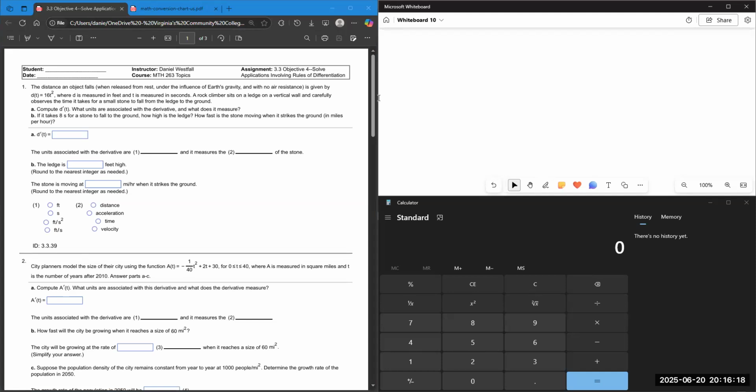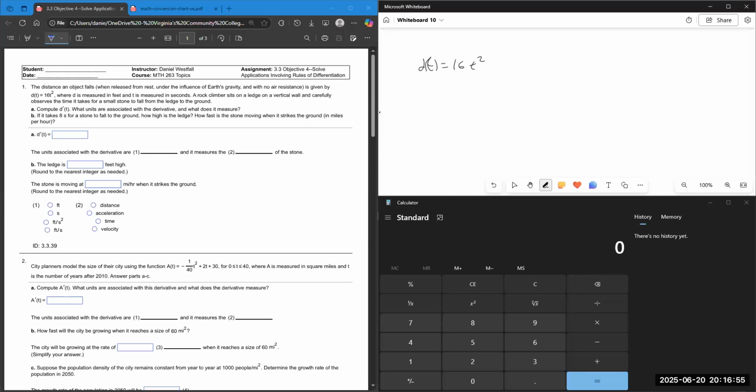So let's start with the distance an object travels due to acceleration due to gravity, measured in feet, using acceleration in feet per second squared. Here is what this formula is. D of t is equal to 16 t squared. The object is starting from rest, and we're calling its initial height off the ground 0.